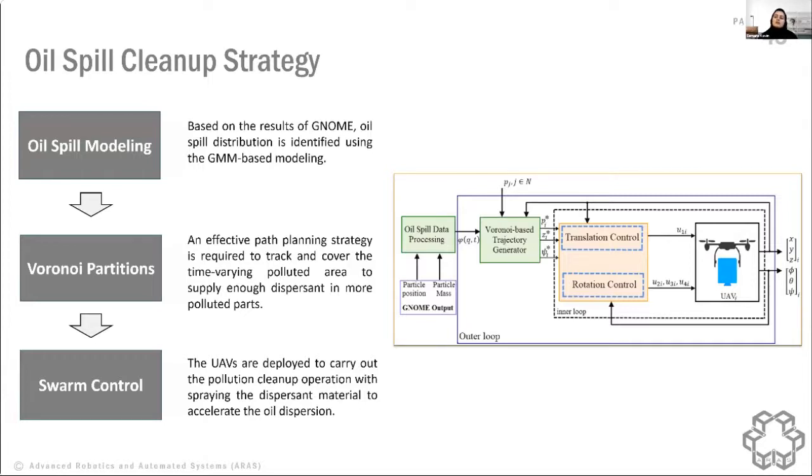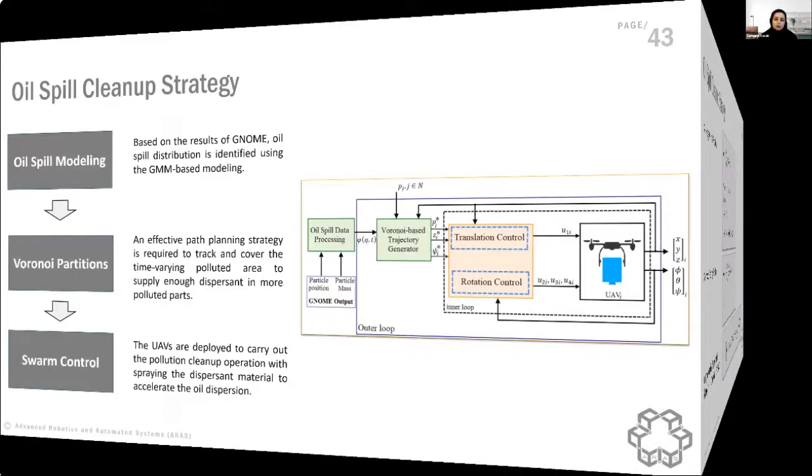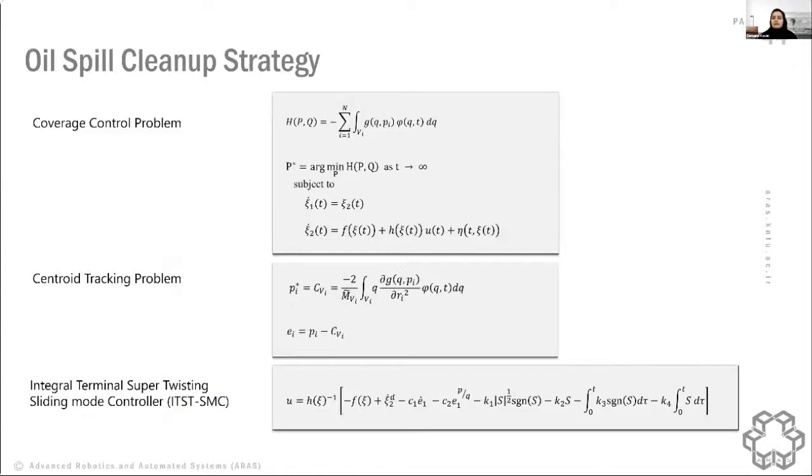Dispersant spraying in our work is formulated first as a coverage control problem. And then this deployment problem is transformed to a target tracking problem based on the Voronoi partitioning, and by considering the nonlinear dynamics of aerial robots, a super twisting sliding mode controller is applied to track the desired trajectory and achieve the optimal configuration.